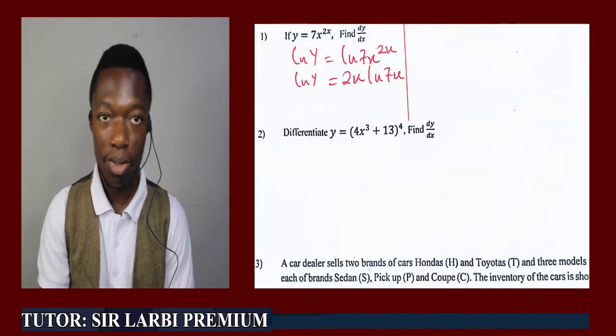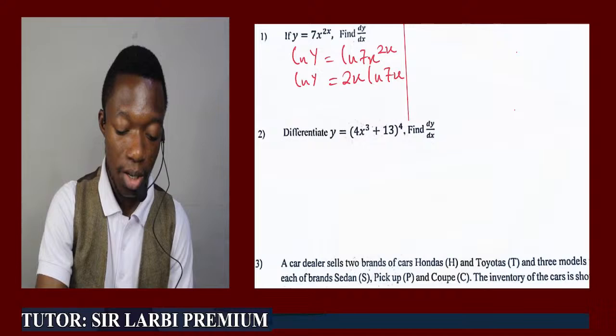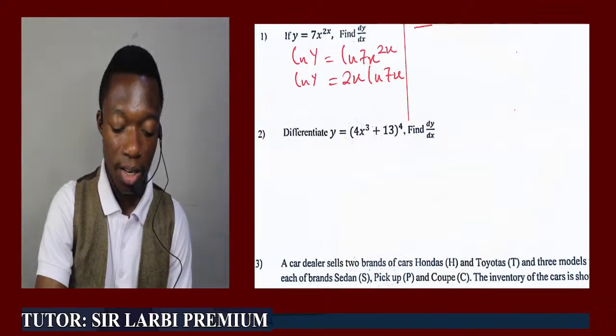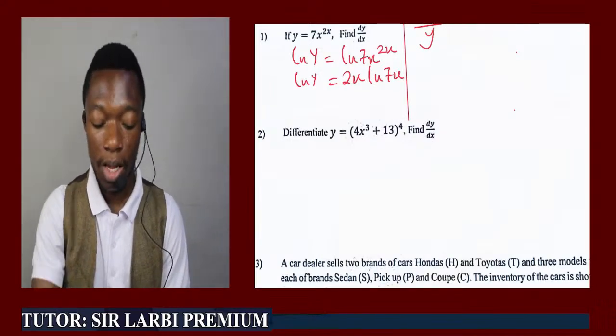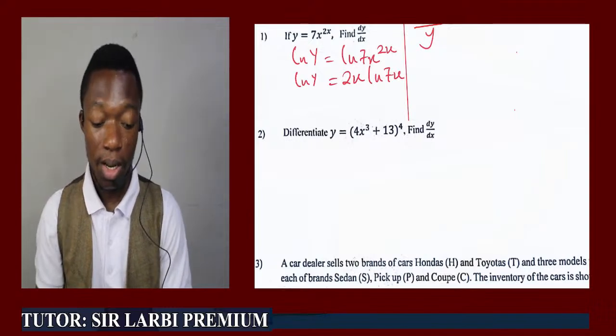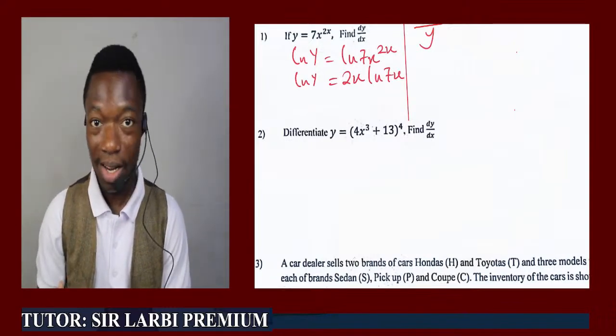So if I differentiate log y, I get dy over dx divided by y, and that should be equal to, now you can see that 2x and log 7x is a product of two functions.